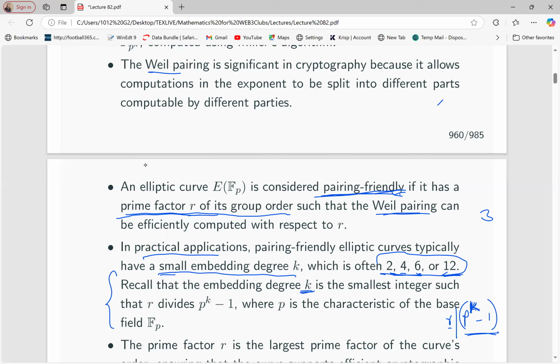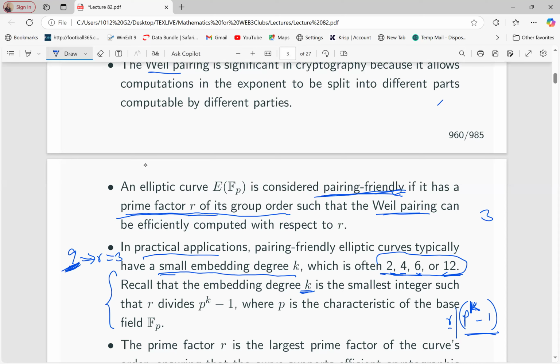We've always given examples. For instance, an elliptic curve that has 9 points has R as 3, the divisor. The prime divisor of 9 is 3.